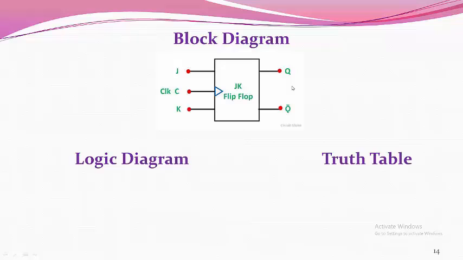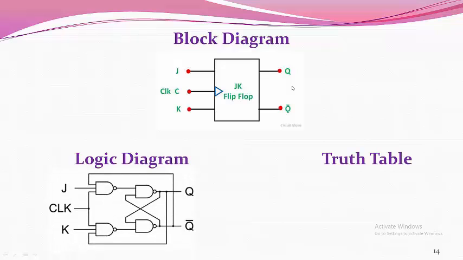Now we will see the logic diagram. This is the logic diagram of the JK flip-flop, in which we are using the circuitry of the SR flip-flop with a feedback loop. Here we are applying the output Q as an input to the second NAND gate, and output Q bar is applied to this first NAND gate.